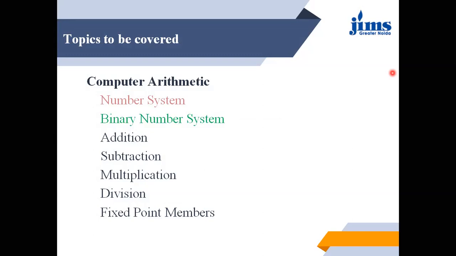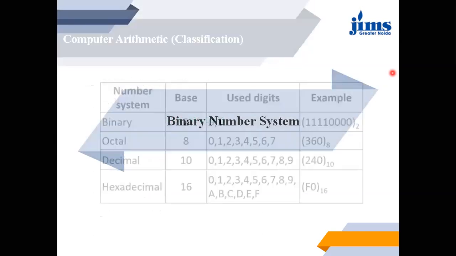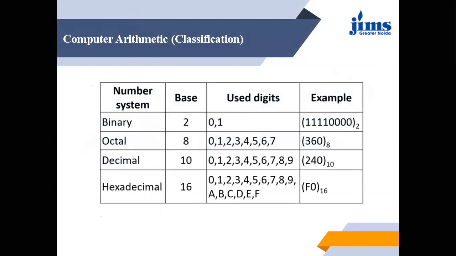As I told you in the last slide, there are different numbers based on radix: binary, octal, decimal, and hexadecimal.